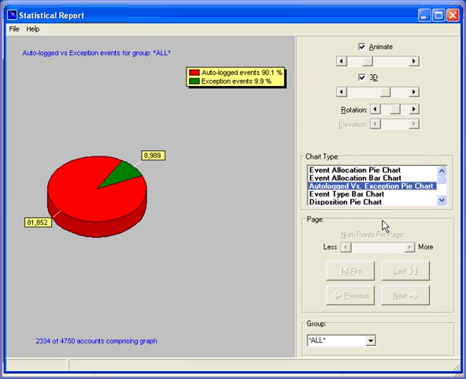Now please take note that in the case of an LTC, which comes in as an exception event and then followed by a closing, which is an auto-logged event, that exception event requires no disposition. It'll be automatically removed from the traffic as other type groupings are, but it'll still be counted as an exception event for our statistical purposes.